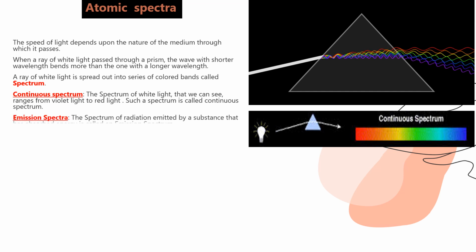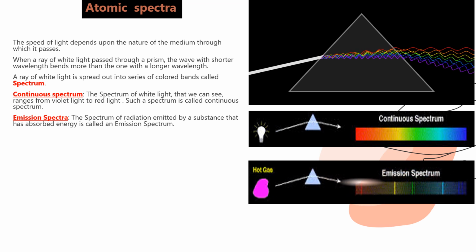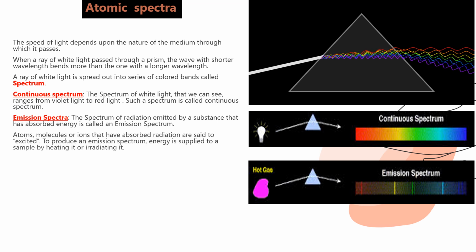The spectrum of radiation emitted by a substance that has absorbed energy is called an emission spectrum. Atoms, molecules or ions that have absorbed radiation are said to be in an excited state. To produce an emission spectrum, energy is supplied to a sample by heating it or irradiating it, and the wavelength of the radiation emitted as the sample gives up the absorbed energy is recorded.